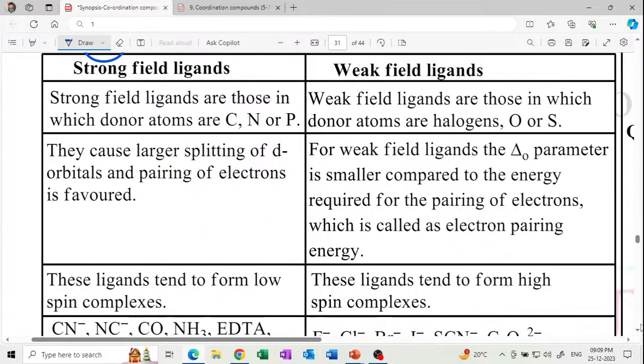So this is a strong field ligand. How to determine a strong field ligand? Strong field ligands have donor atoms C and P, and weak field ligands have donor atoms halogen, oxygen, sulfur. Strong field ligands cause larger splitting, and weak field ligands cause smaller splitting.